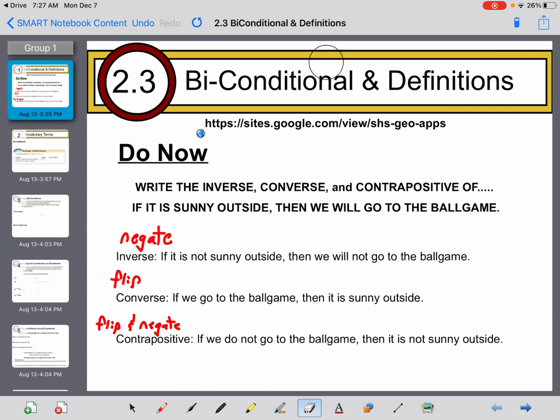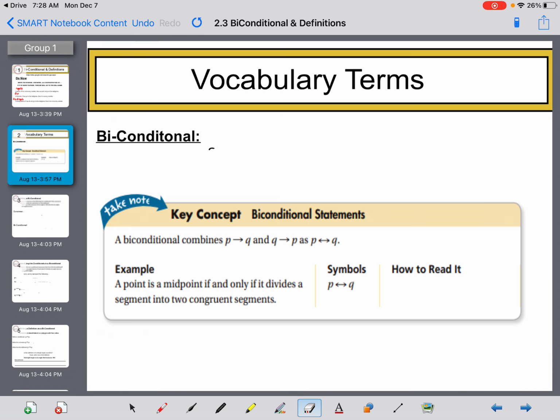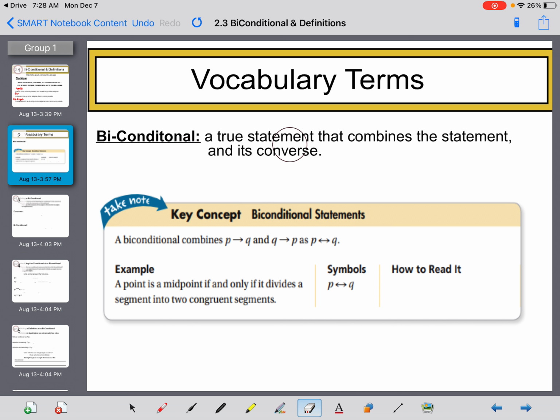And we're going to move on to now biconditional statements. A biconditional statement is a true statement that combines the original and its converse. Okay, very important. Both statements need to be true, the converse and the original.